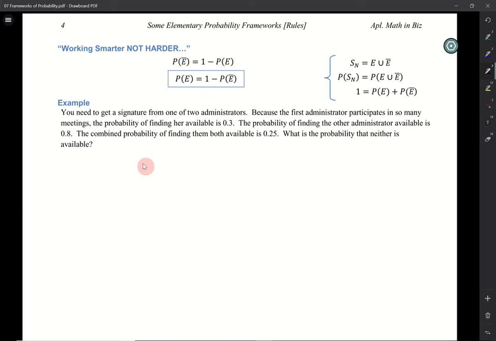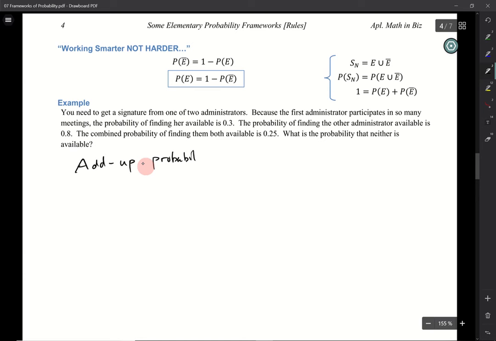So how would you do this one? The intersection. So add up probabilities and subtract the intersection.